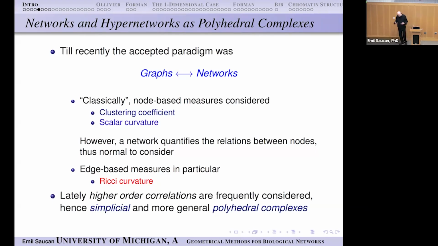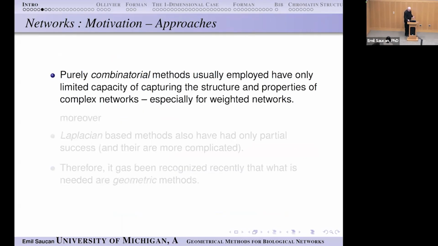When you talk about higher order correlations, not just edges, you can look at triplets and quadruplets of points correlating, and so on and so forth. You'll see more examples. Then you talk not just about graphs, but more complicated objects that are called polyhedral or simplicial complexes. So it's a bit of mathematics so far, but I will forget it soon. We will get more light.